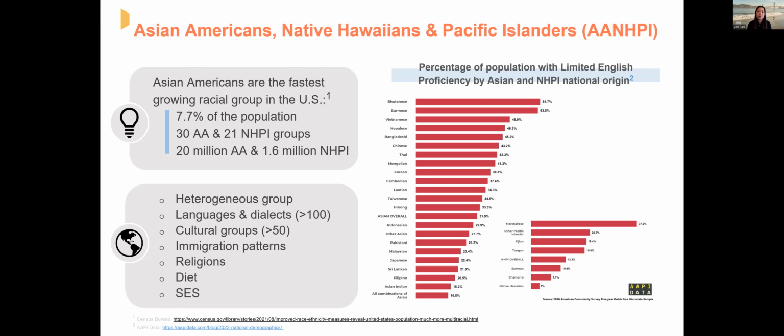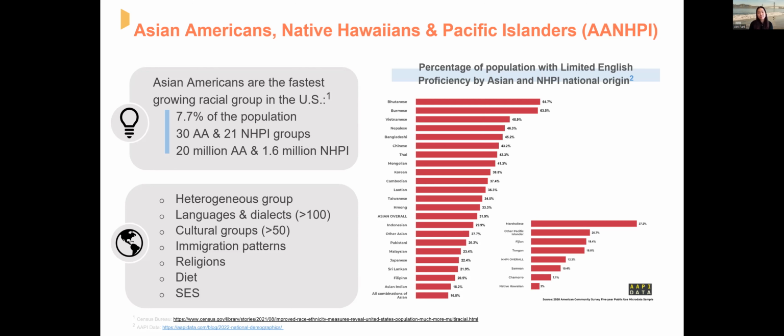One factor we really want to emphasize, especially when it comes to recruiting these communities into research studies, is that there is a huge range of English proficiency among Asian Americans, Native Hawaiians, and Pacific Islanders. You can see by looking at the graph how diverse this range is.